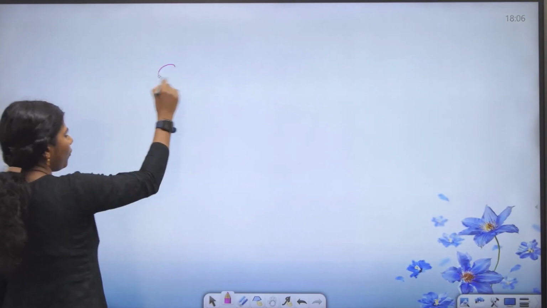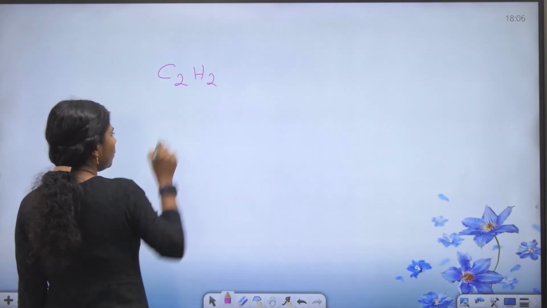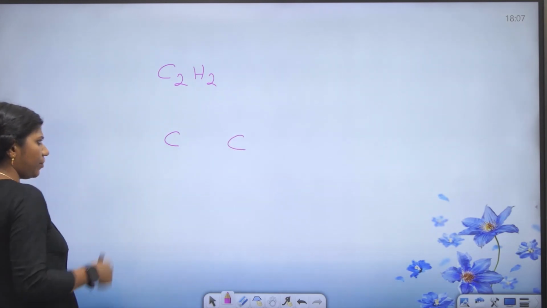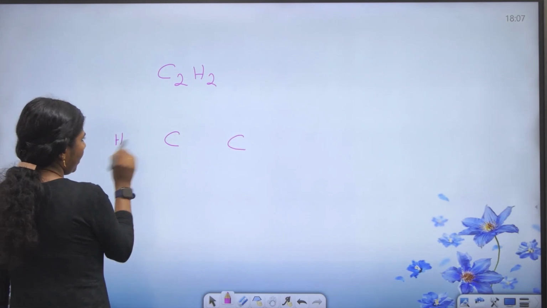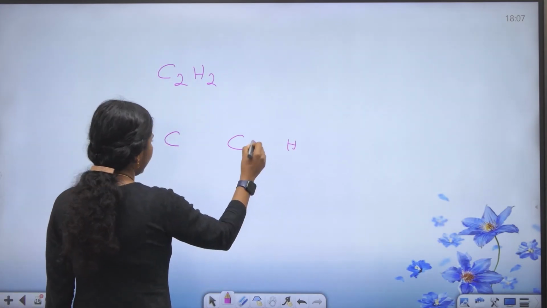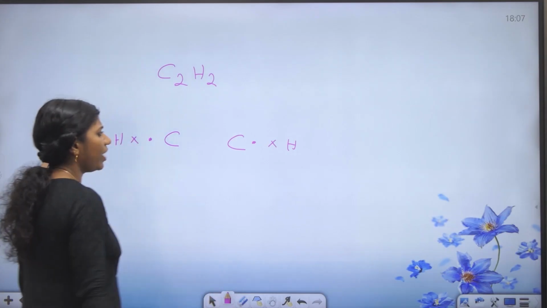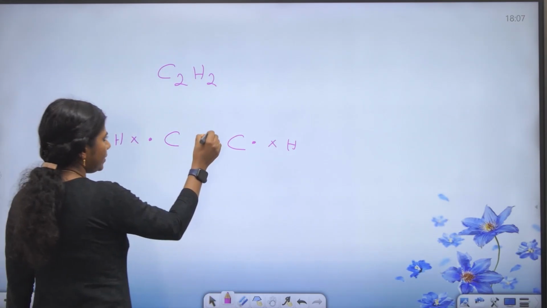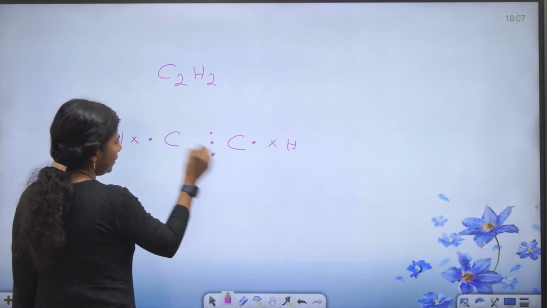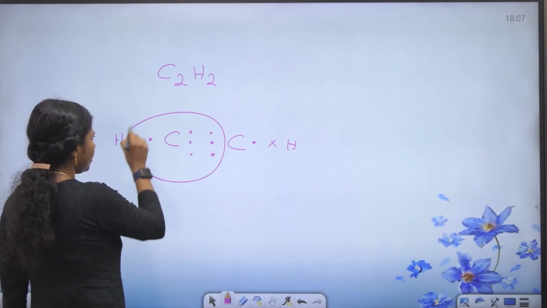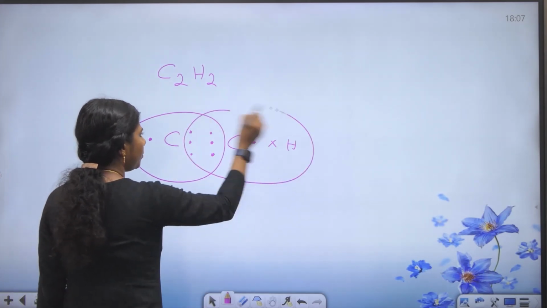And another one, the ethyne molecule. The molecular formula of ethyne is C2H2. Two carbon atoms and two hydrogen atoms are present: one hydrogen for the first carbon and a second hydrogen for the second carbon. The remaining three valencies of each carbon are unsatisfied, so the carbons share three pairs of electrons to form a triple bond.